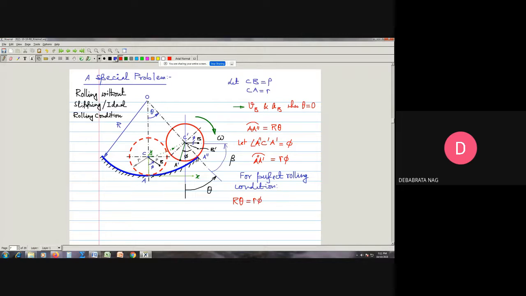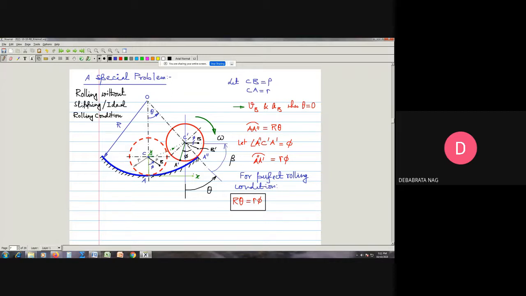The perfect rolling situation demands this particular condition to be true. So it shows that the translational displacement and the displacement due to the rotation should be equal to each other. That is the condition for the perfect rolling situation.